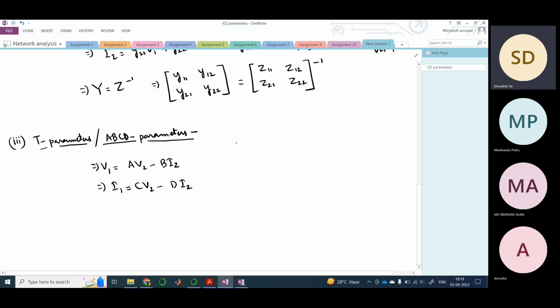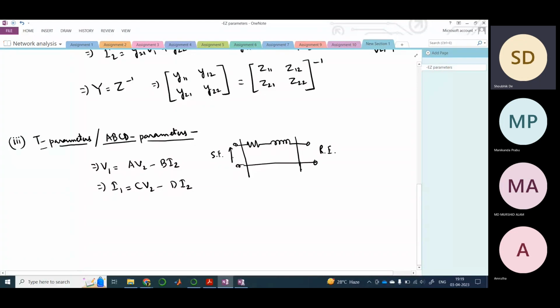So why minus? Because in a transmission line, let us consider any transmission line like this. Let's say this is my sending end and this is the receiving end.